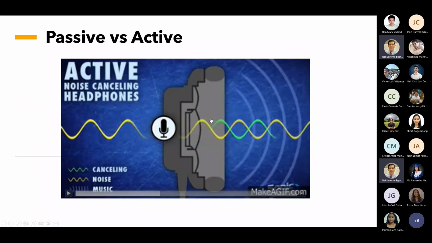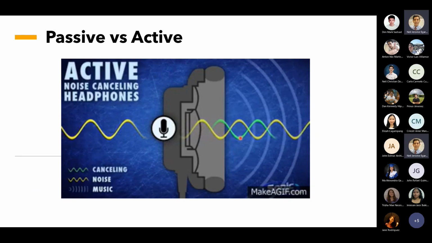So halimbawa, this particular part, hopefully yung cursor ko ay nakikita, pero hindi pala ako mag-annotate, no? Okay, so sa part na to, magka-cancel na yung noise at saka yung sound na generate ni headphone. So ang net effect nito, zero sound from the outside. Kasi yung noise na paparating, which is the yellow wave, ay kinancel na ng green wave, right?